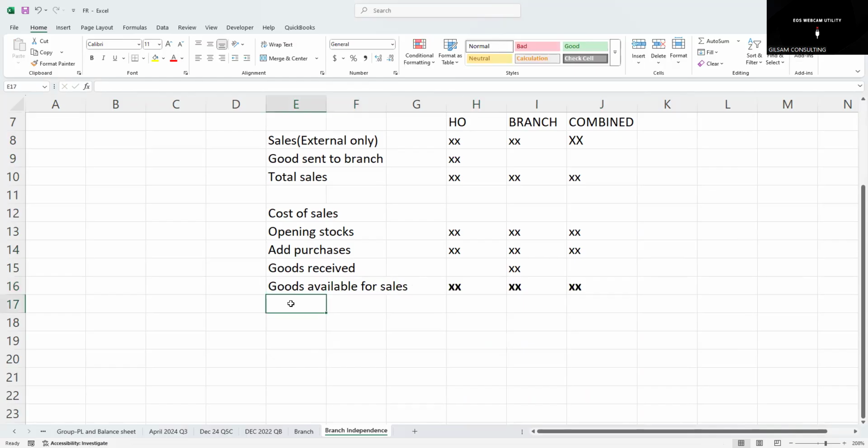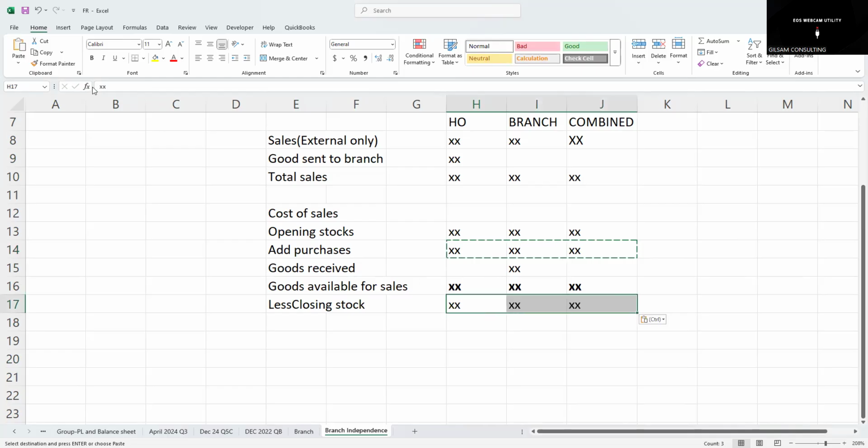And then less the closing stock, but this closing stock should be in brackets. It shows that it is a negative. The same case with the other two.